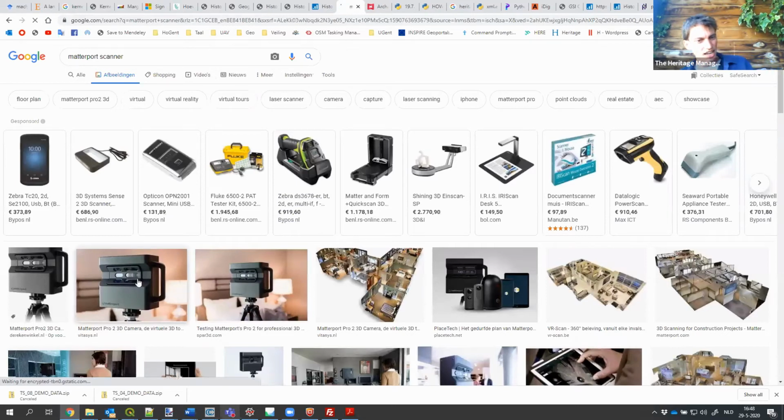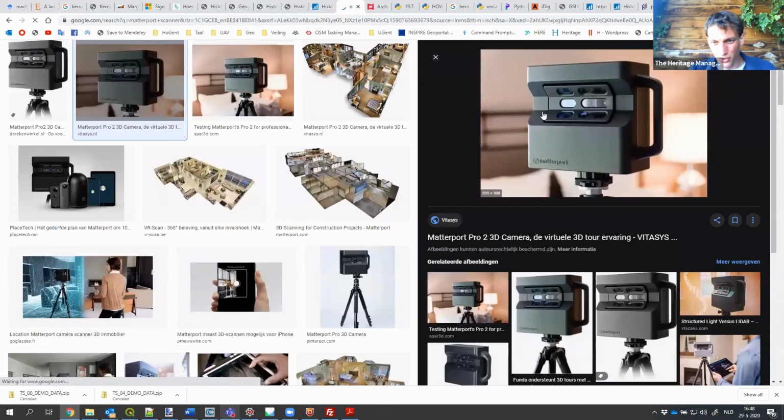So that scanner looks like this. And actually, if you know from the old days the Microsoft Kinect, where you have an Xbox and you can connect your Kinect to the Xbox and interact with your device, like dancing and playing music and stuff like that, actually that system is implemented here in this type of laser scanner.